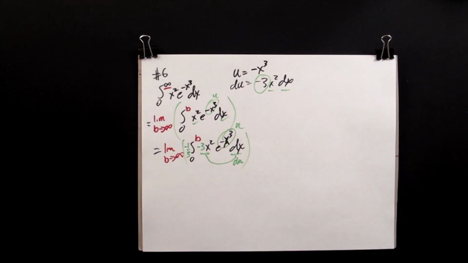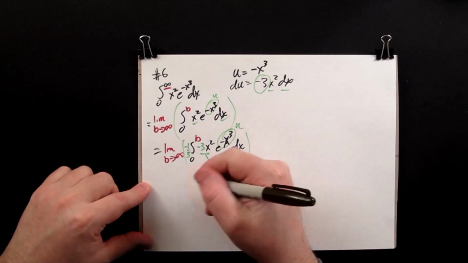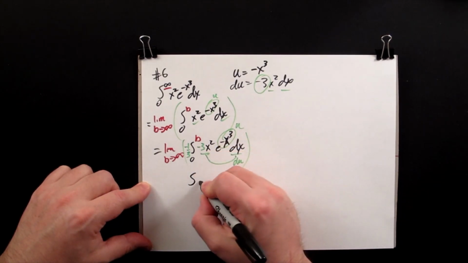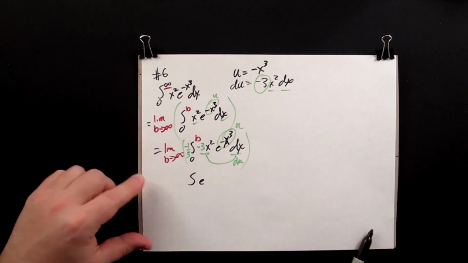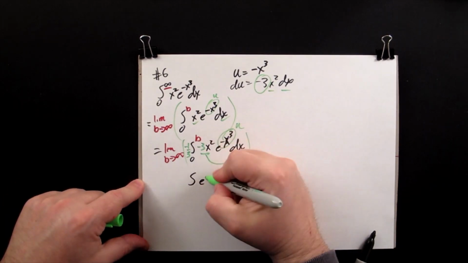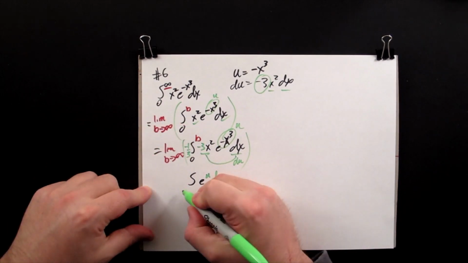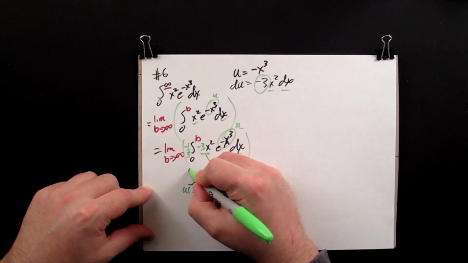So we do the u-sub. Let's see if that works. So that's e to the u du. Okay, that's good. Now, because this is a definite integral, remember that the bounds have changed.